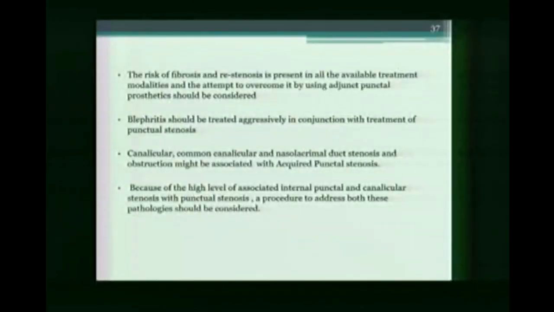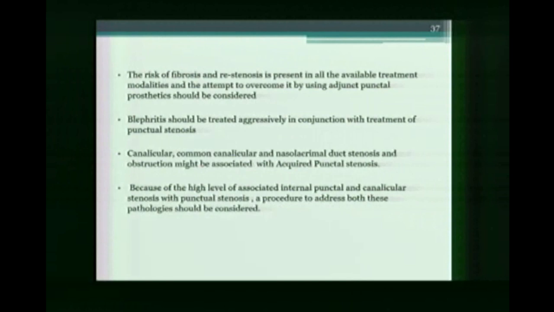The risk of fibrosis and restenosis is present in all available modalities of treatment. However, we can overcome this by using an adjunct punctal prosthetic, but still the restenosis is possible. Blepharitis should be treated aggressively in conjunction with the treatment of punctal stenosis.